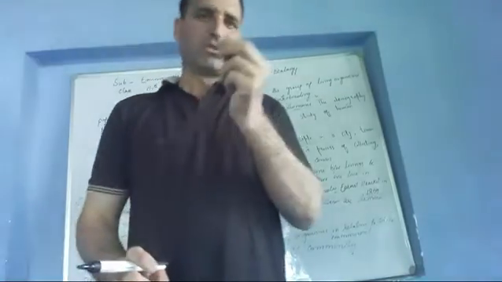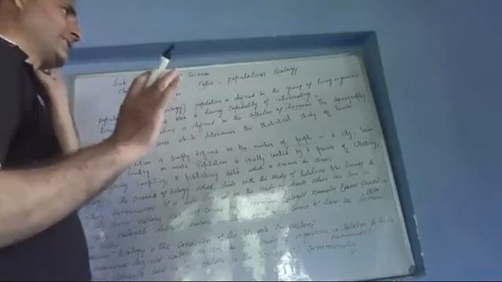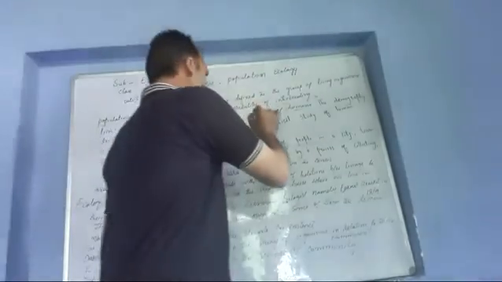Now I will recap population in biology. Population is defined as a group of living organisms, and in sociology population is a collection of humans.